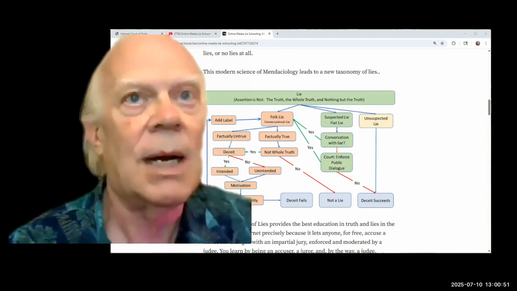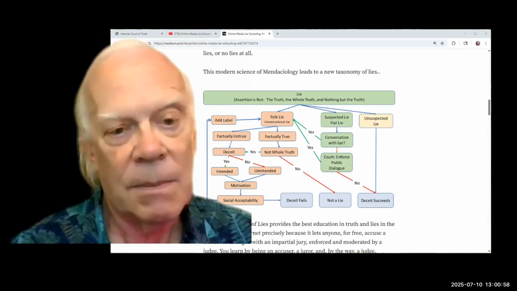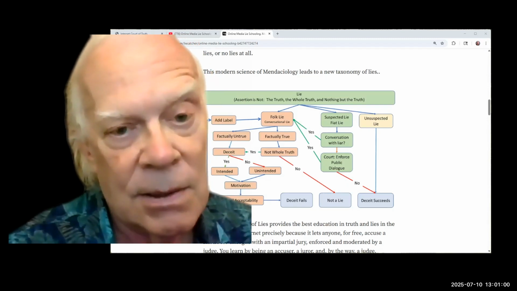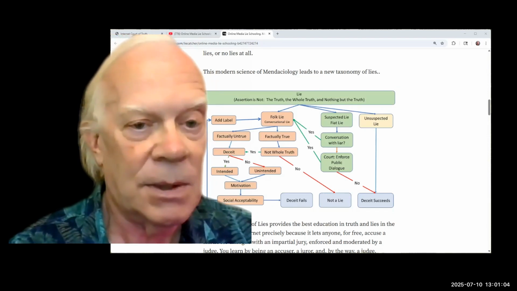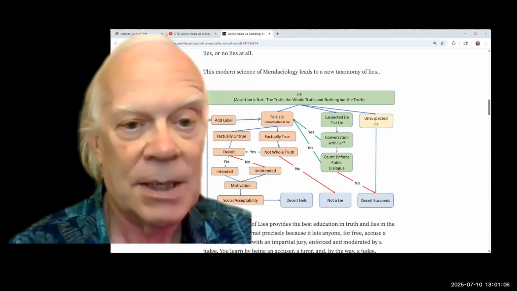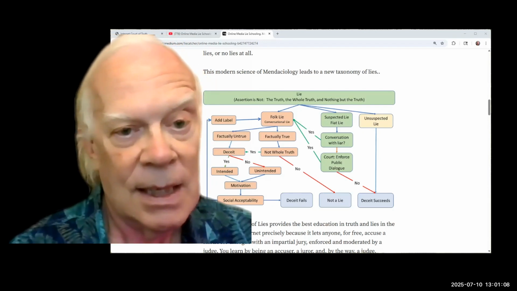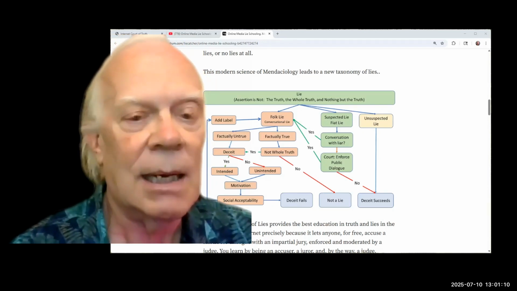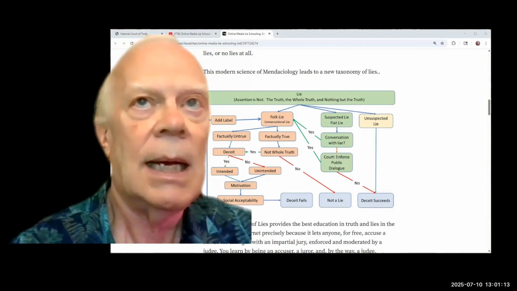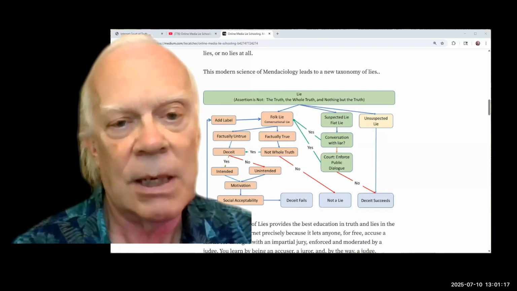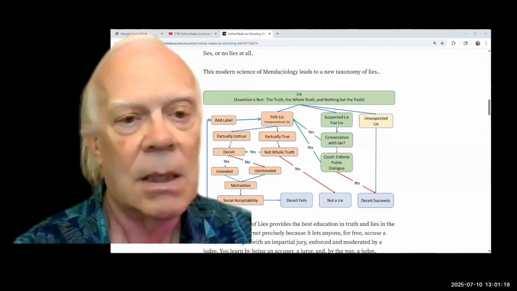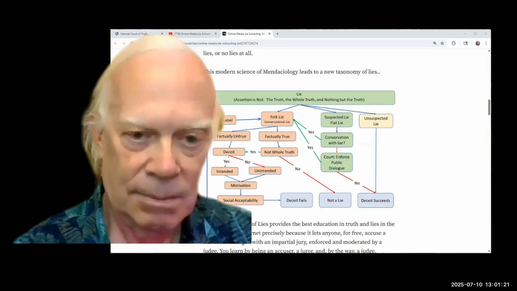Today, what we're going to do is a trial of a piece of work that I did when I first got into what I call Mendaciology, which is the computational cognitive science of lies, of human lies. And what I had noticed was that there was virtually no high quality scientific or scholarly literature on Mendaciology.